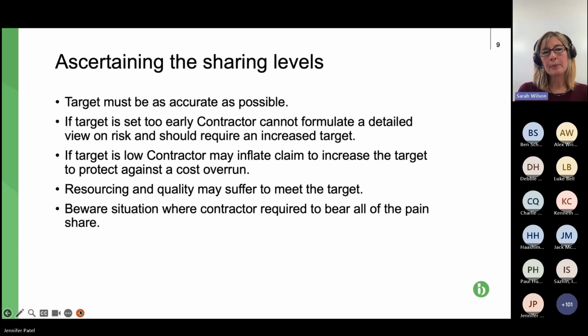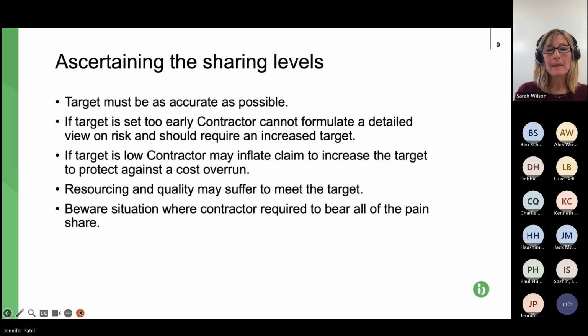So the second bullet point, this means that if it's set too early, this could cause problems for the contractor, or in reality, the paying party, the employer, because you could end up with a target that's way too high or way too low. Former not great for the paying party, the latter not great for the contractor. So it is important that some time is spent in trying to calculate a reasonable value for the target cost.